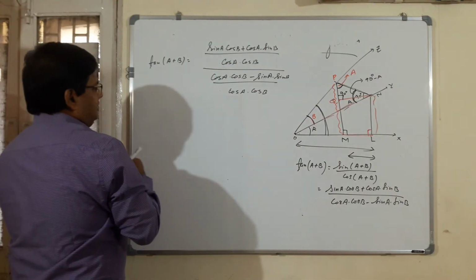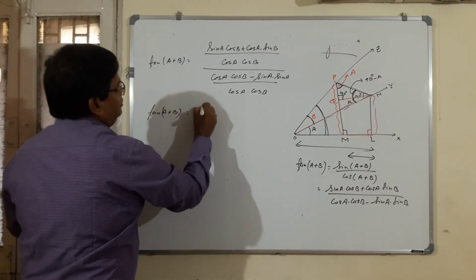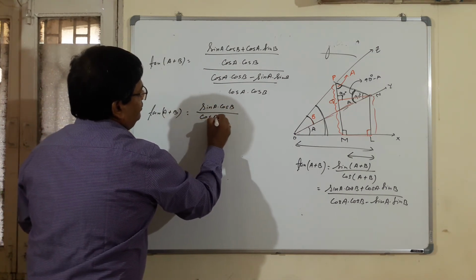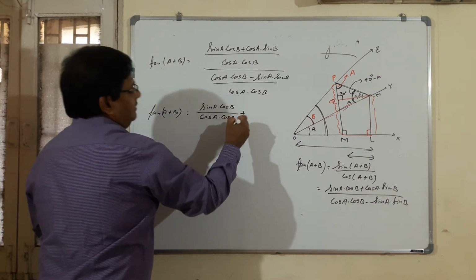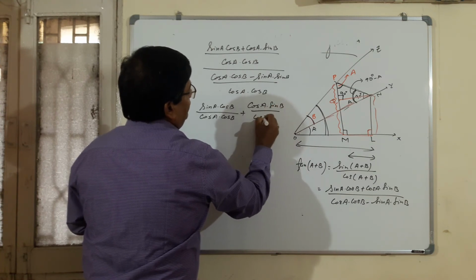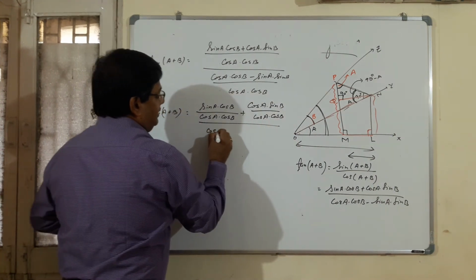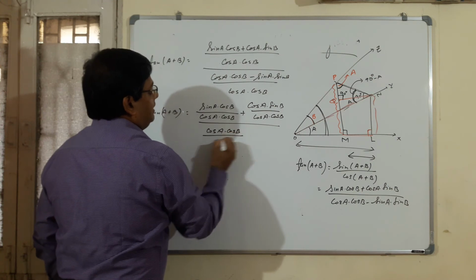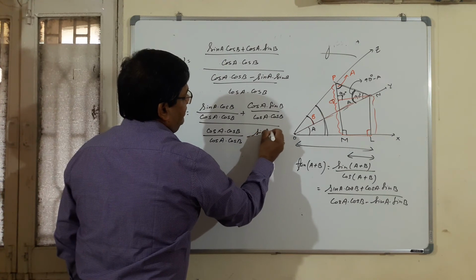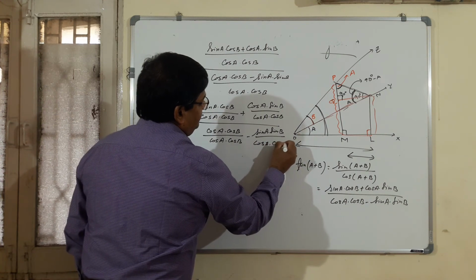Now we can write tan A plus B is equal to sin A into cos B divided by cos A into cos B plus cos A into sin B divided by cos A into cos B, divided by cos A into cos B divided by cos A into cos B minus sin A into sin B divided by cos A into cos B.